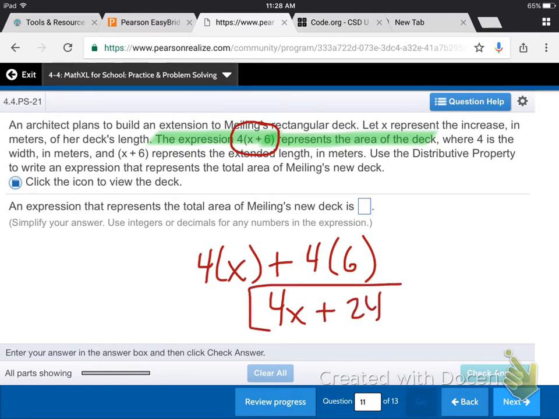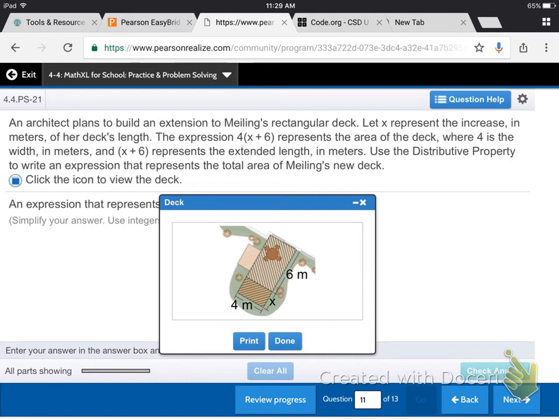And that answer goes right there. Okay, and here's a picture of the expanded garden. Notice that the original length is 6, but it's expanding by x, and then the other side is 4. So this is where you get, when you add these together, x plus 6, and then you multiply by the 4.